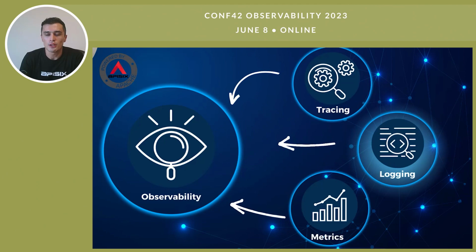Let's have a look at logging, or logs. Logs are easy to instrument and a very trivial step for API observability, because each API event is logged whenever some kind of API operation is invoked.